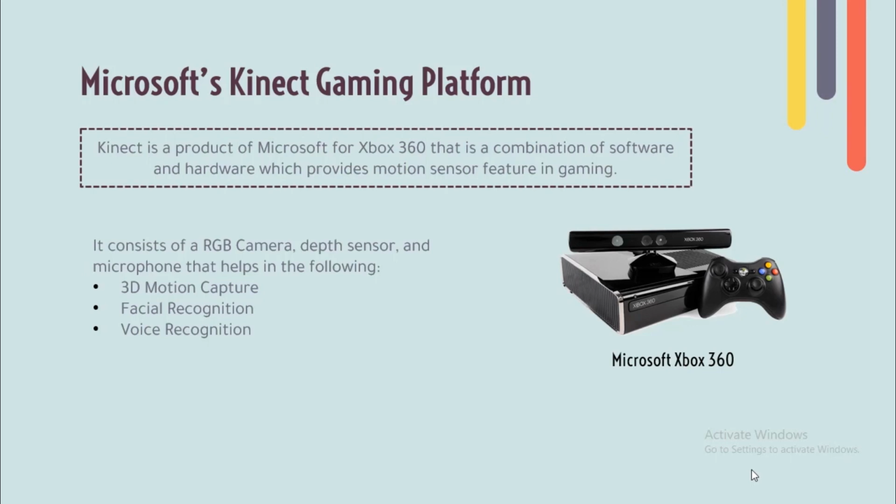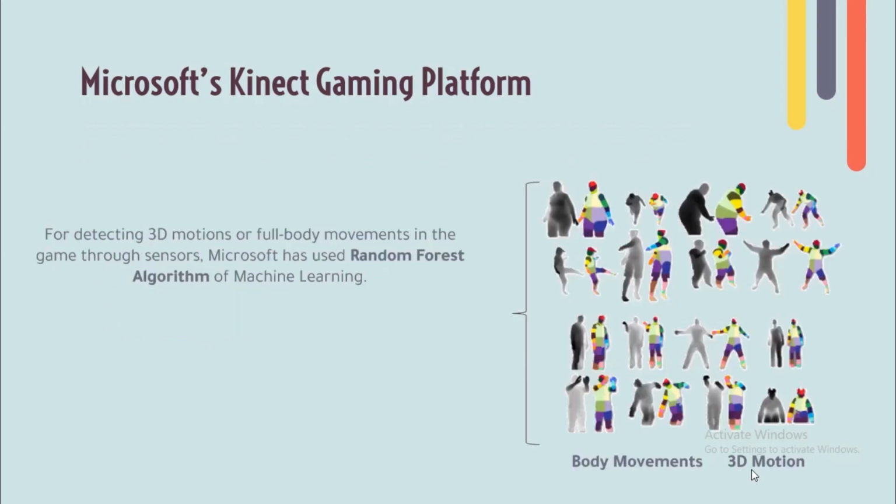Now guess what? It uses a machine learning algorithm to detect the motion of the body. For detecting the 3D motions or full body movements in the game through sensors, Microsoft has used the random forest algorithm of machine learning. From this we can understand that machine learning can be used in a lot of ways for building a lot of applications that need automation or a creative solution.